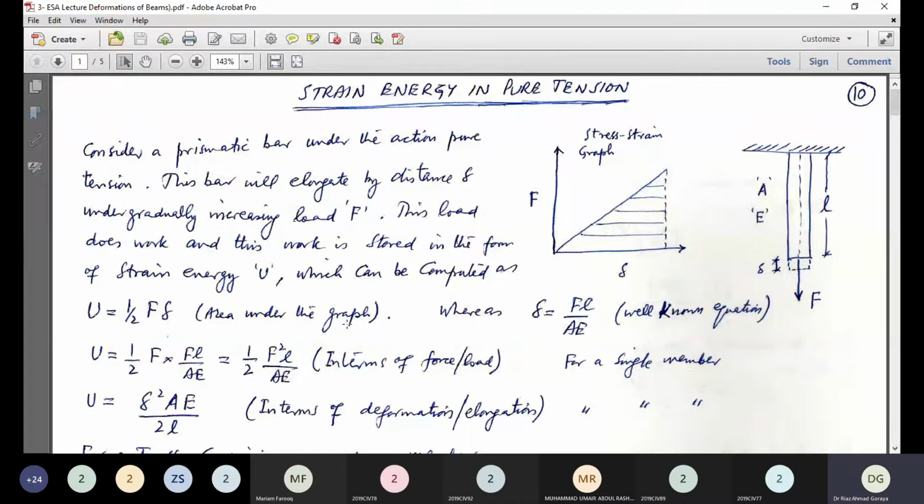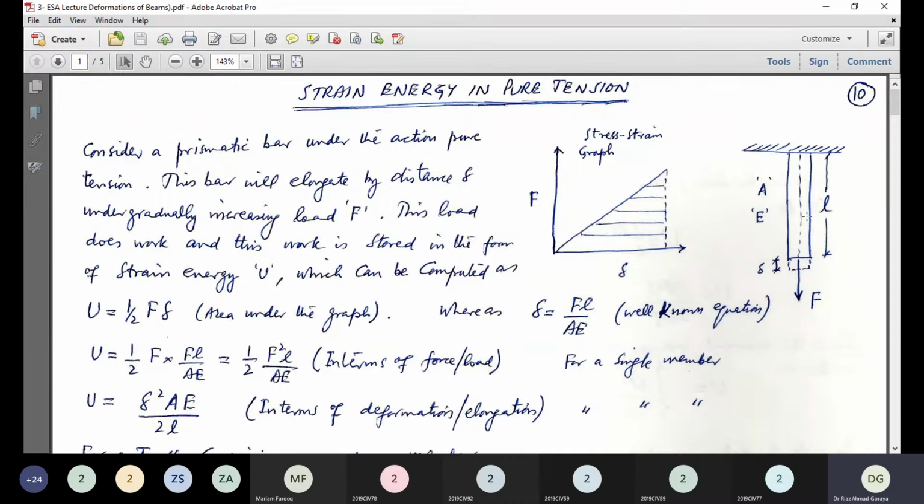And the first thing is strain energy in pure tension. Now on the right side, look at this prismatic bar having cross-sectional area A, modulus of elasticity E, length of this bar is L, that is the span.